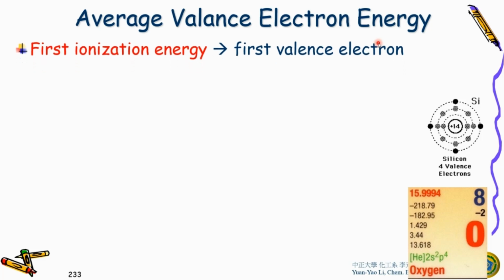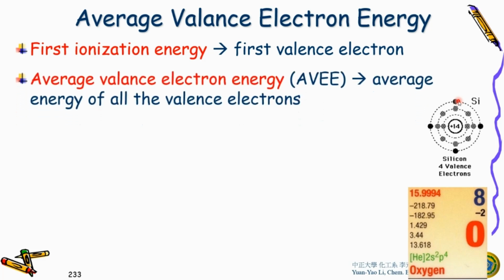For the first ionization energy, we know that you take 1 electron away from this atom, for example silicon. This is not difficult to understand because we use instruments to find out, right? We do the experiment to find out the energy required.